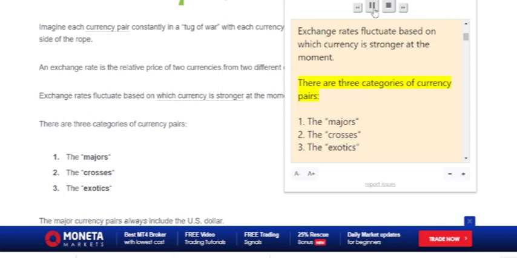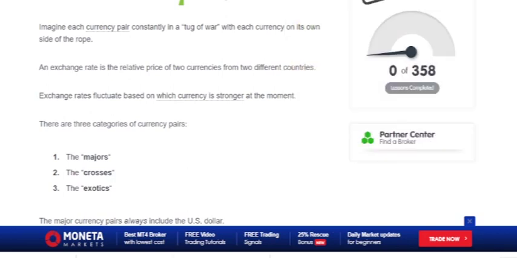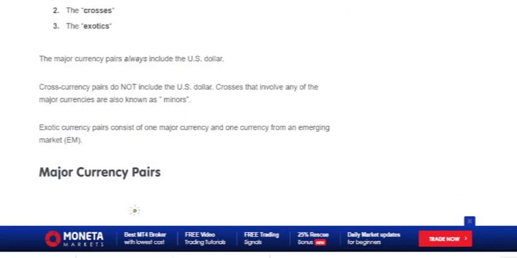There are three categories of currency pairs: one, the majors; two, the crosses; three, the exotics. The major currency pairs always include the US dollar.